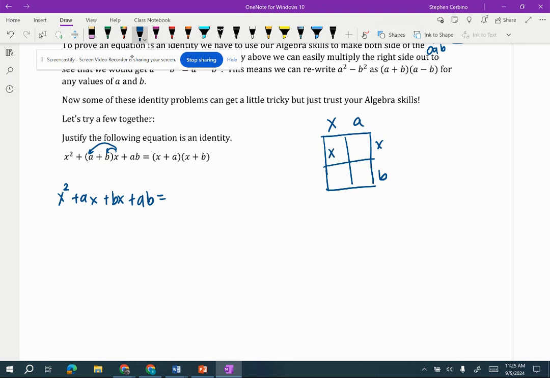X times x is x squared. X times a, again, we like alphabetical there, so ax. X times b is bx, and a times b is just ab. So we could say this is equal to x squared plus ax plus bx plus ab. Notice these are the same, so this is an identity.